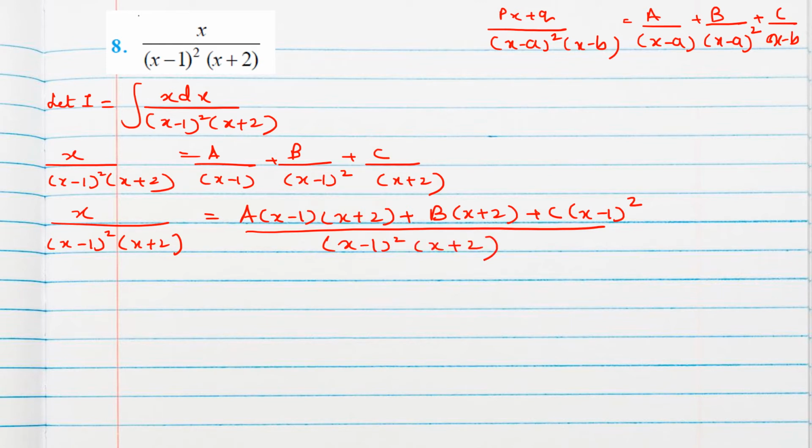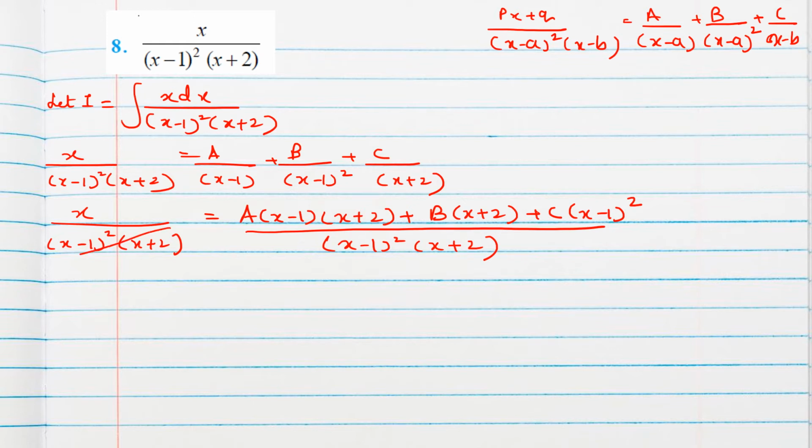You can check also, because if you separate the denominator, you will get a by x minus 1 here, and here b by x minus 1 square you will get, and c by x plus 2. So LCM is x minus 1 square x plus 2. Okay, before, whenever three brackets were there, we took LCM as product of three brackets, but here this bracket is repeating, so x minus 1 square into x plus 2.